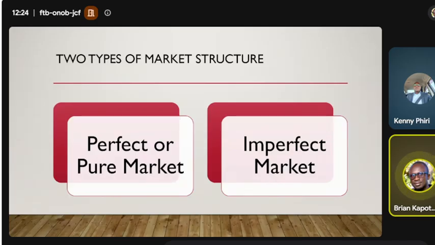So just for you to have it at the back of your head, a perfect market does not exist. What we find in the real world is an imperfect market with a lot of market failures. And so market failures are things that are going to affect the competition in the provision of certain goods and services among the participating firms, as well as the flow of information between buyers and sellers.